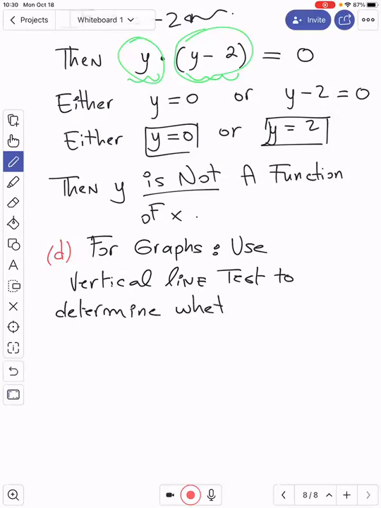In D, in the review sheet, we have this graph. To be a function, each vertical line has to intersect the graph at no more than 1 point.